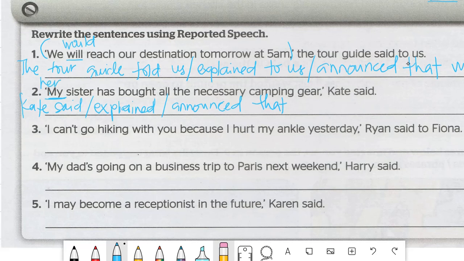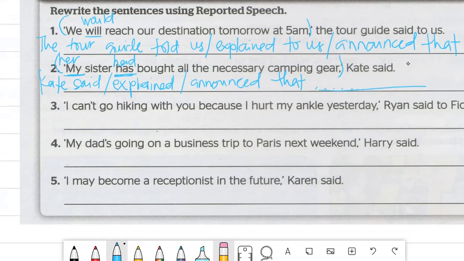Yes, her sister. Has changes to past tense. Past tense for has is had bought all the necessary camping gear. Okay, so from here until here, you continue the sentence. All right. Now let's look at number 3.